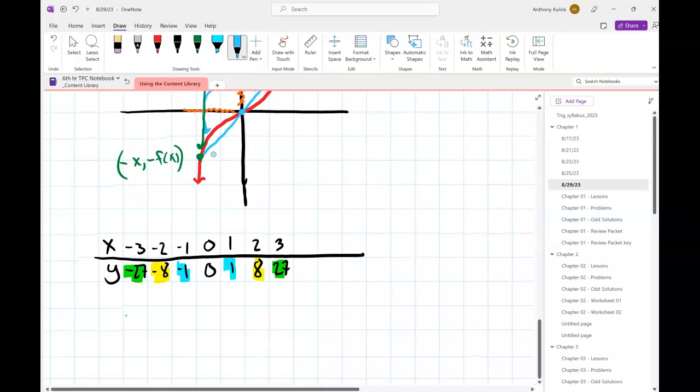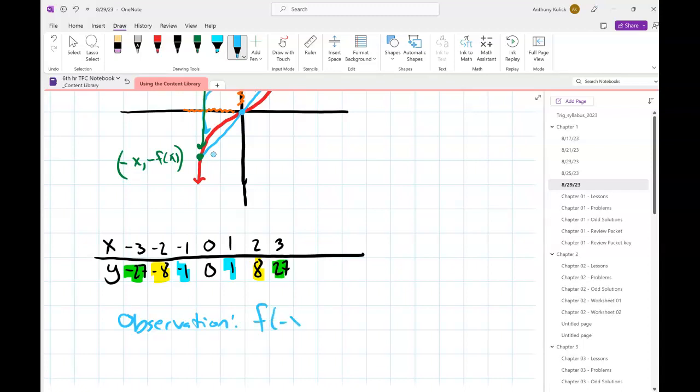So my observation here is that f of -x should be negative f of x. That if I plug in like -3, I should be getting the negative of the y coordinate at 3, which is what I see, right?